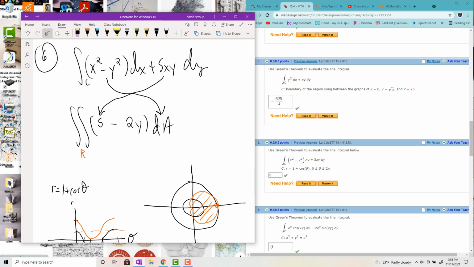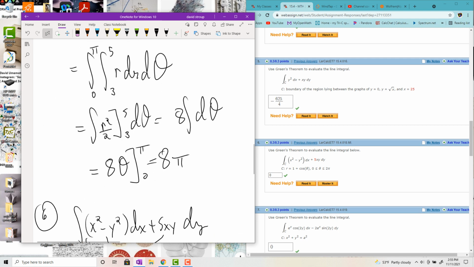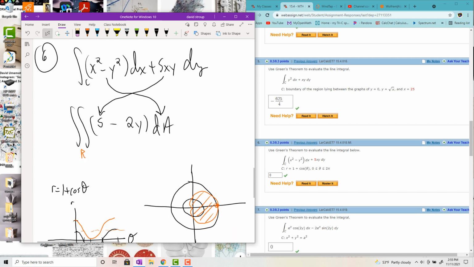So I lost. It's not 5. It's the partial of n with respect to x. That would be 5y. Okay, I'm glad I checked. And then the partial of m in terms of y is negative 2y. Okay, so that'll be right.